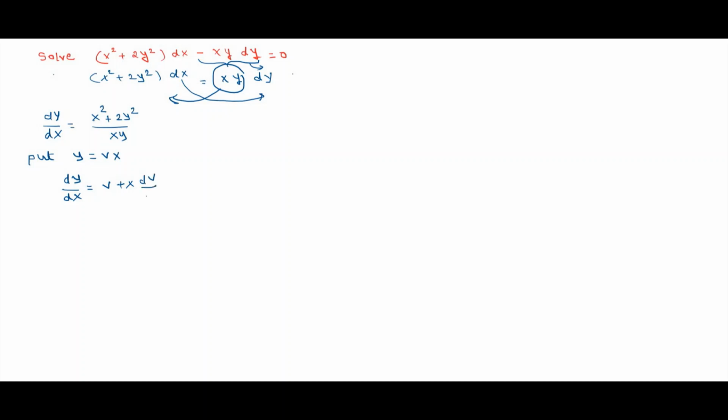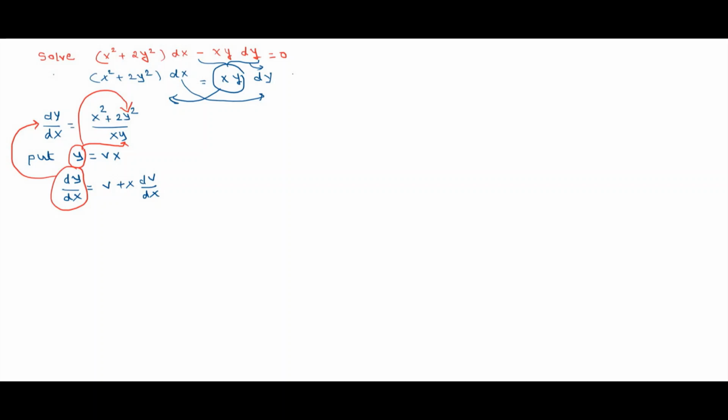The right hand side you have to differentiate by using the product rule. Now substitute both the values, the value of y and the value of dy by dx, in the above equation. Substitute the value for dy by dx here, and substitute the value for y here as well as here.